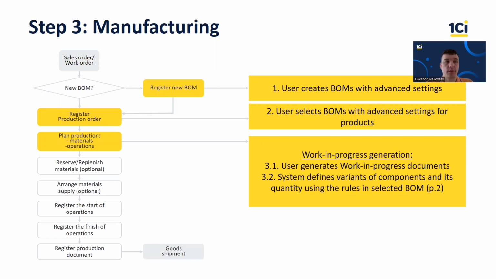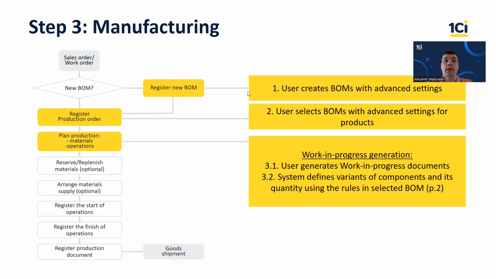We will produce finished products that are in sales orders right now. As we can see from this slide, we've got the same process, a regular production process. And I will just show you where new BOMs with advanced settings are used.